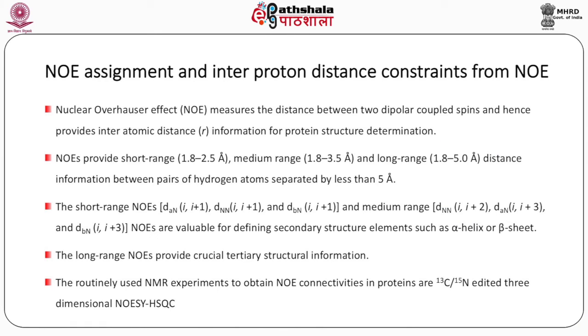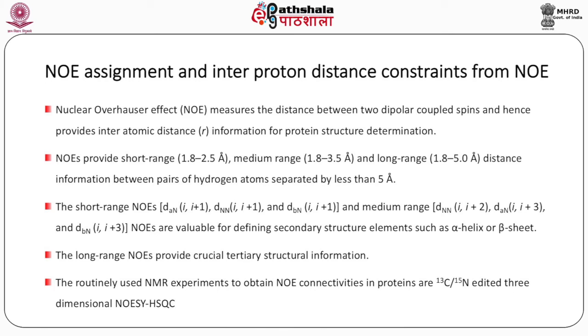NOE assignment and interproton distance constraints from NOE. We have read quite a bit about the nuclear Overhauser effect, or NOE. The nuclear Overhauser effect measures the distance between two dipolarly coupled spins and hence provides interatomic distance information for protein structure determination.